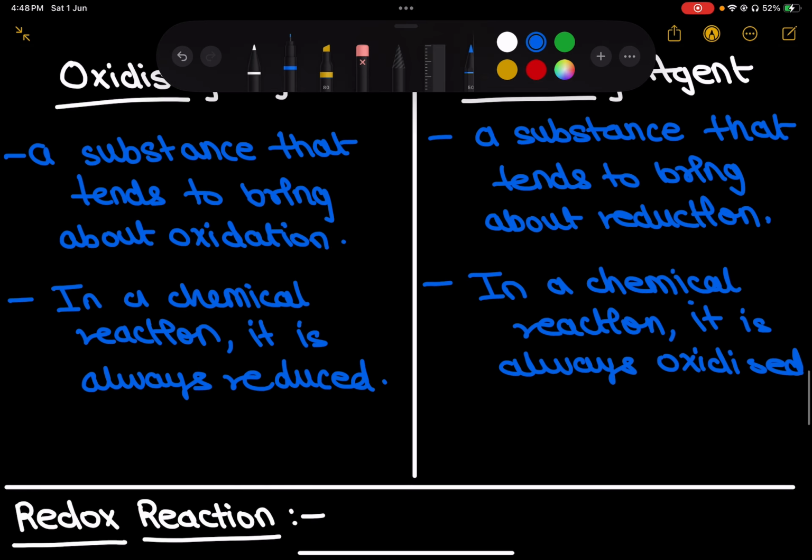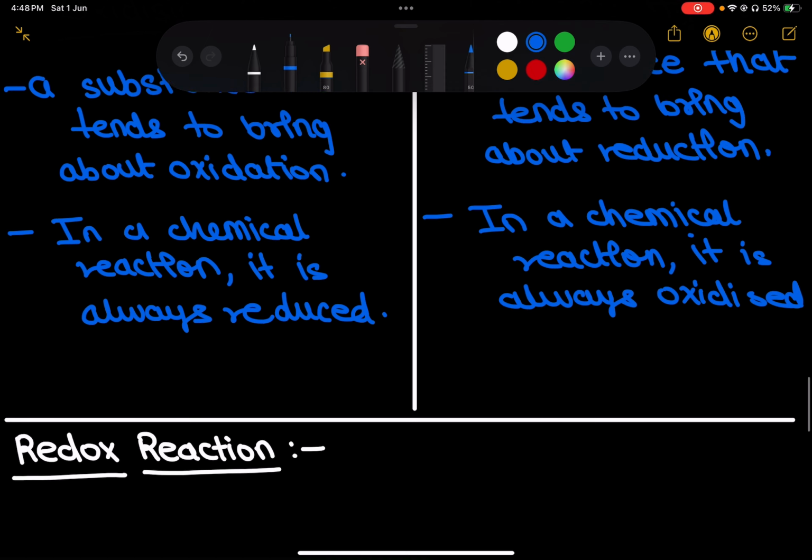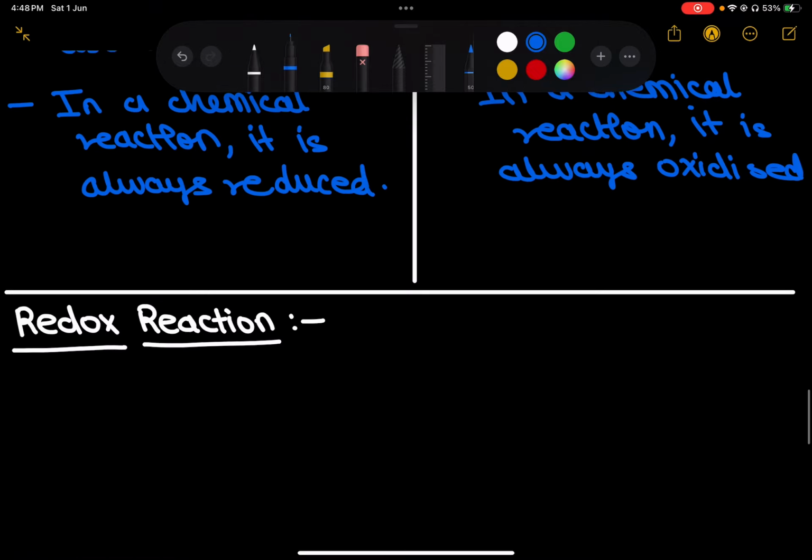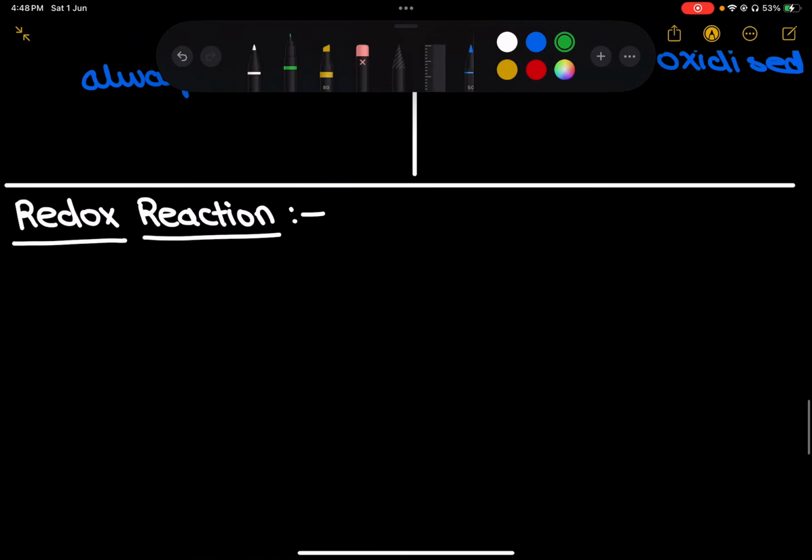Okay, so now we'll move on to redox reactions. Can you read between the lines, or can you just guess what a redox reaction is? Quite an easy definition. Redox. Red means reduction, ox means oxidation. Reduction, oxidation.